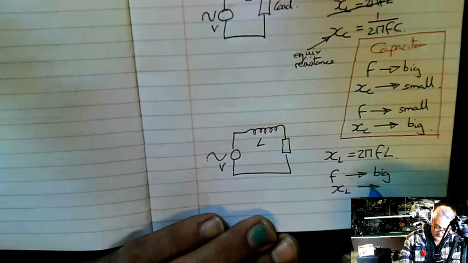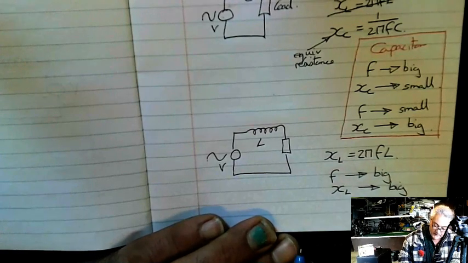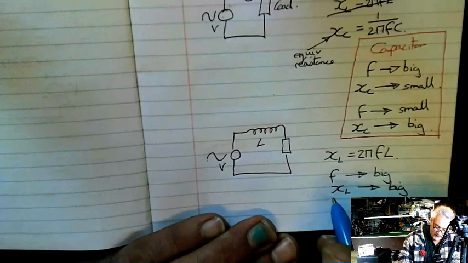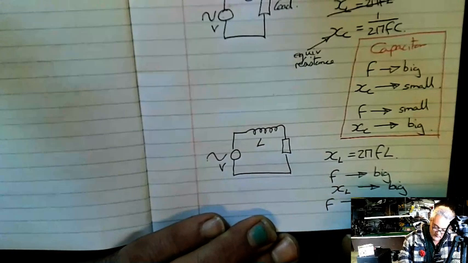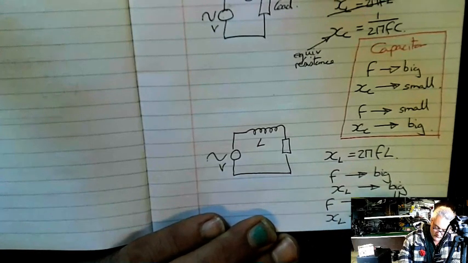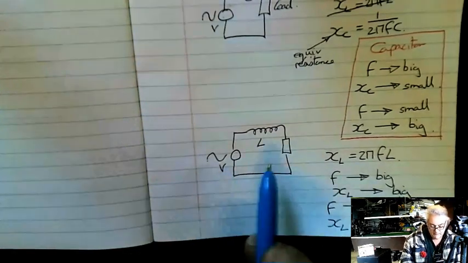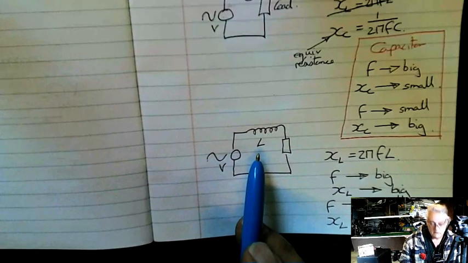So XL gets bigger as frequency gets bigger, and as frequency gets small, XL gets small. So what's that telling us? As we increase the frequency, the inductor will block.